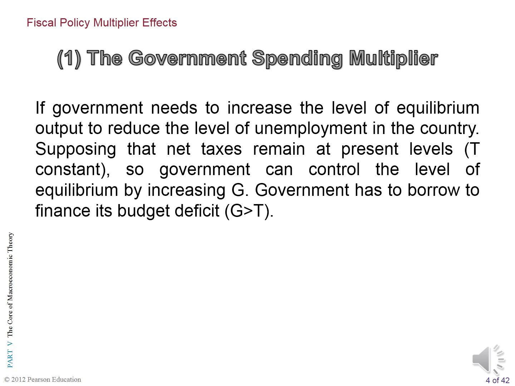Well, we know from last lecture that the budget deficit is the difference between government spending and taxes. Government spending is its spending, taxes are its revenue. So if government spending is more than taxes, it has a budget deficit.